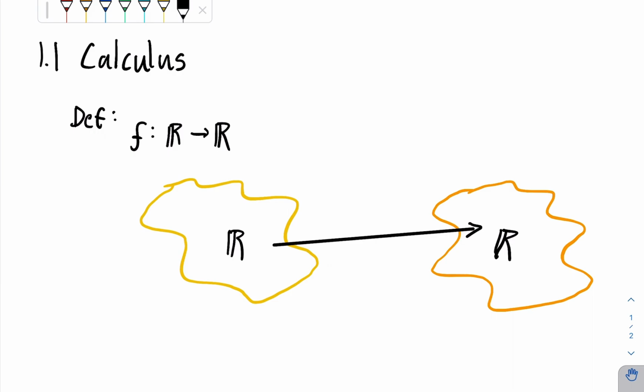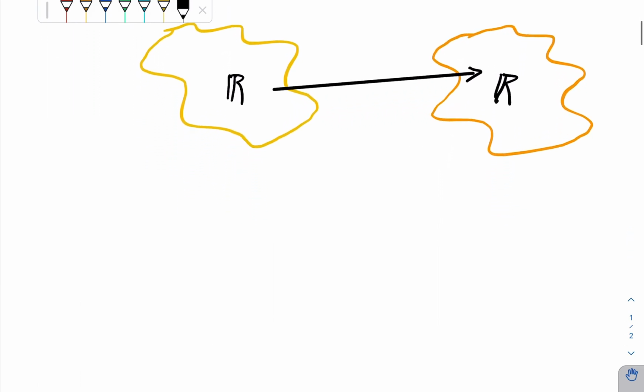This can be modeled by this set notation here, but it can also be modeled in a number of different ways. First of all, we can model it through a graph. In mathematics, we typically use an x-axis on the horizontal and a y-axis on the vertical.